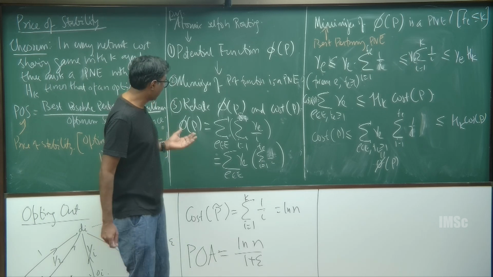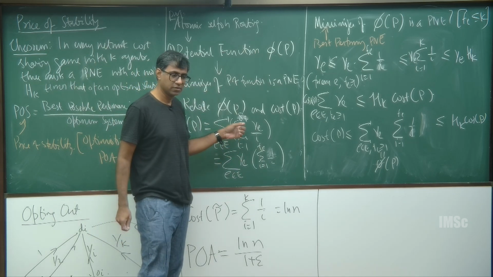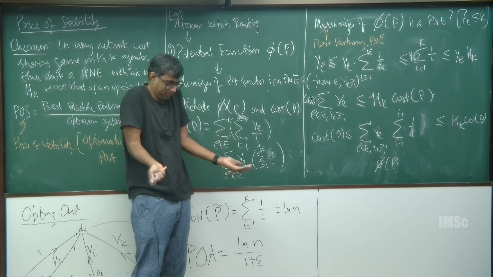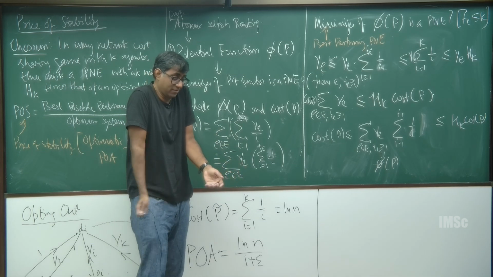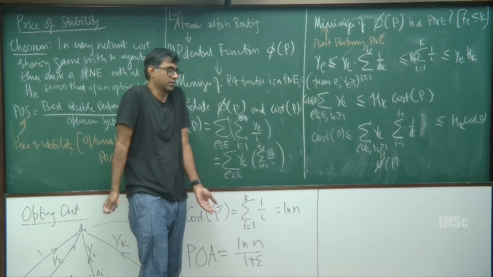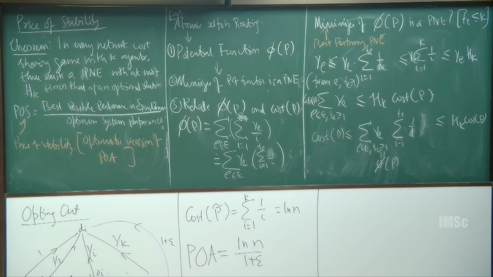Every strategy is in the feasible set of the minimizer. So in particular, the reason why you did not choose P star is because maybe phi of P is less than or equal to phi of P star, or maybe P equals P star, for all that you care. I don't know. But what is phi of P star?